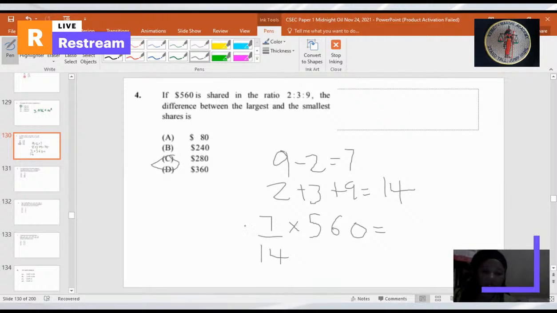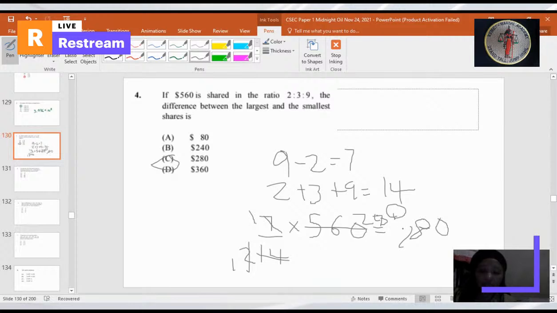So that's C. This cancels to a half, and half of 560 would be 280. They wanted us to express the difference between the largest and the smallest. We could have worked it separately and then subtracted.